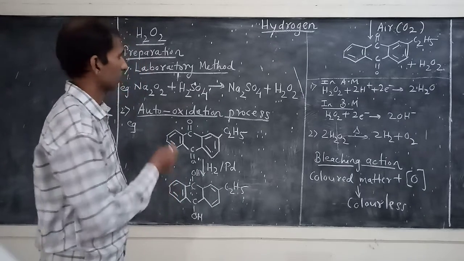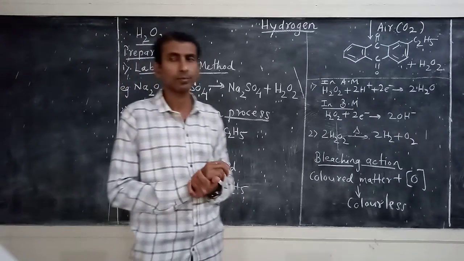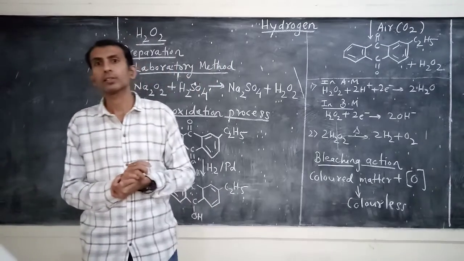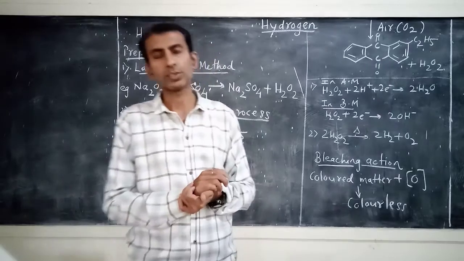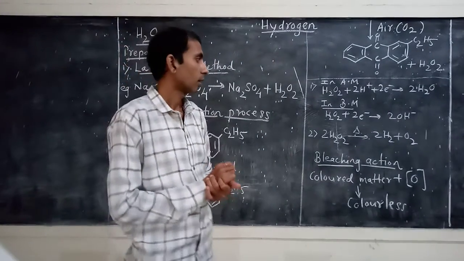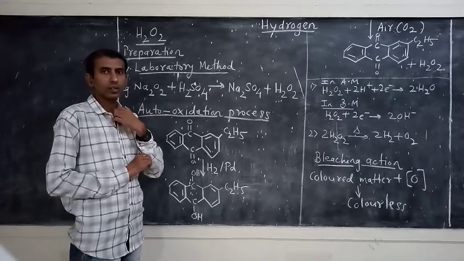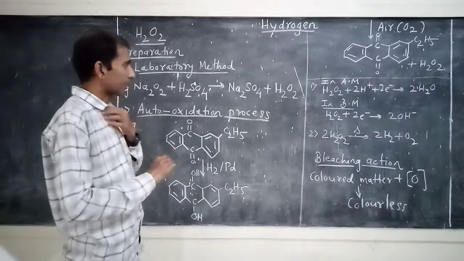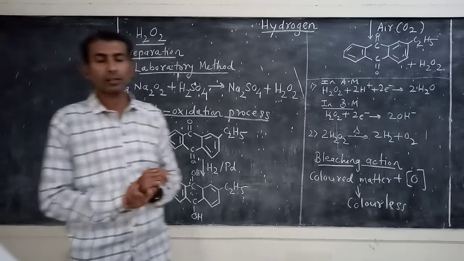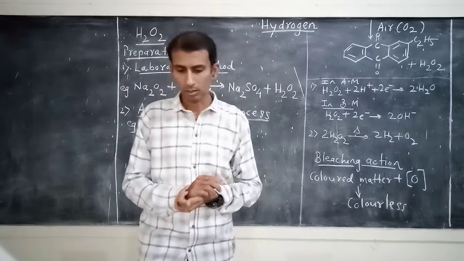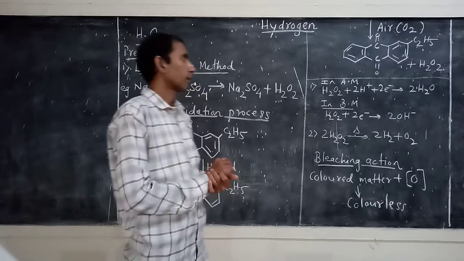So dear friends, this was the last part of the chapter, hydrogen. Okay, the remaining part, wherever you find hydride compounds also, for which I have sent the notes, there also you will find first pattern, that is, there will be the method of preparation of hydrides and then chemical reactions of hydrides. So same pattern you have to follow and understand the concept for the notes I have sent.